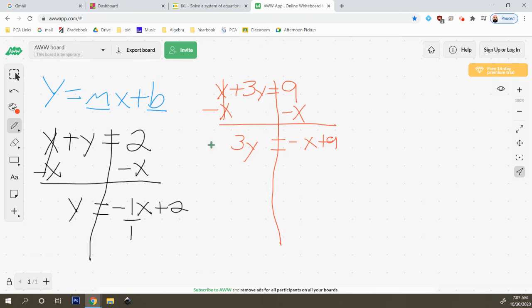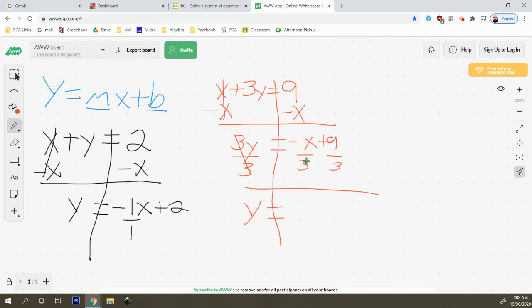Now it's still not in this form because it's supposed to just be a y, and it's 3y. So we need to get rid of that 3. To get rid of the 3, we're going to divide, since it's multiplying. We have to divide everything by 3. Remember, multiplying or dividing is everything. We do the math. 3 divided by 3 is 1. It cancels out, and I have y equals.